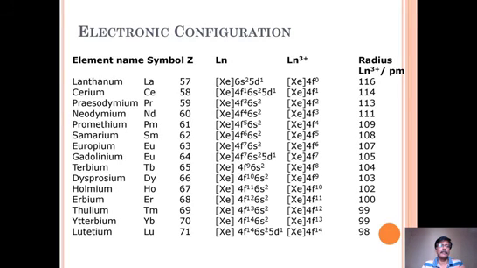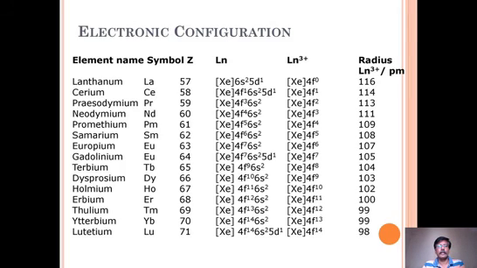Then Ce is cerium, praseodymium Pr, neodymium Nd, promethium Pm, samarium Sm, europium Eu, gadolinium Gd, terbium Tb, dysprosium Dy, holmium Ho, erbium Er, thulium Tm, ytterbium Yb, lutetium Lu. So it starts from lanthanum to lutetium. This is how it goes on.